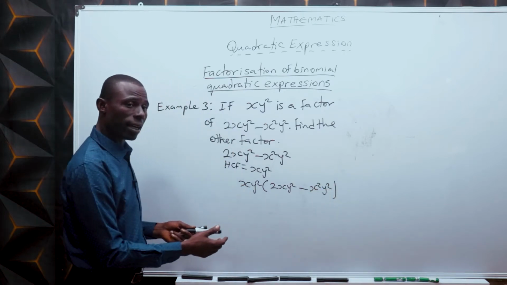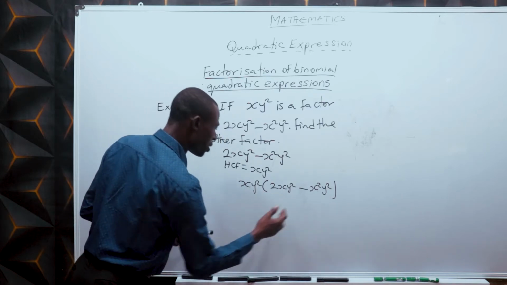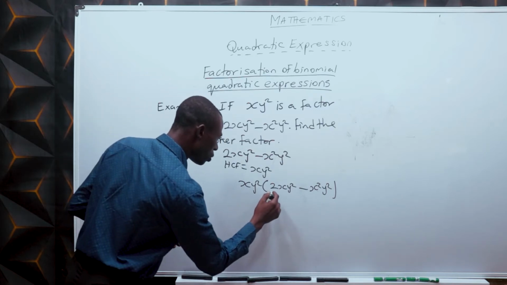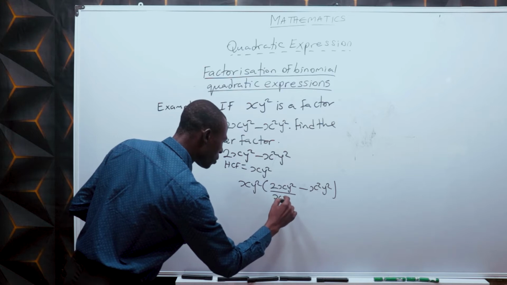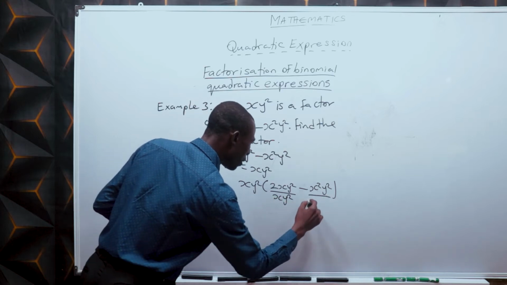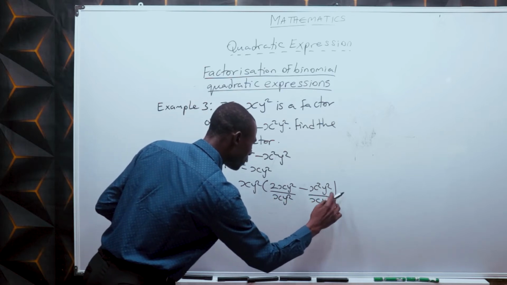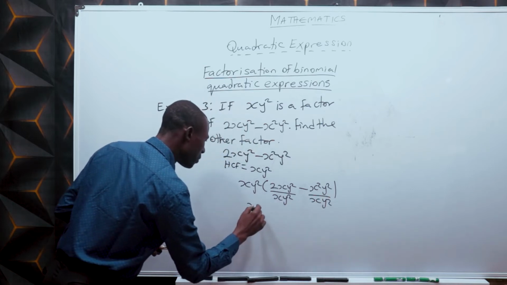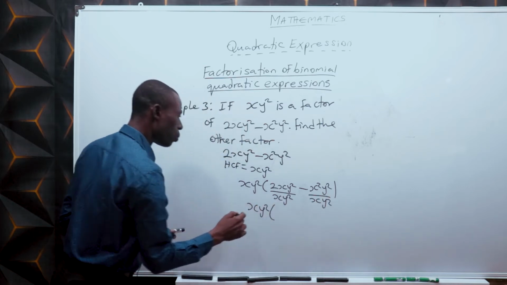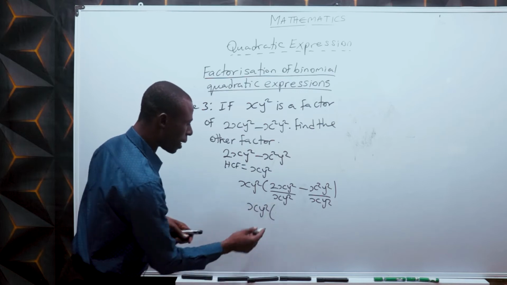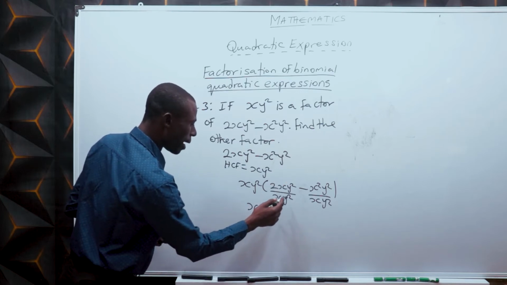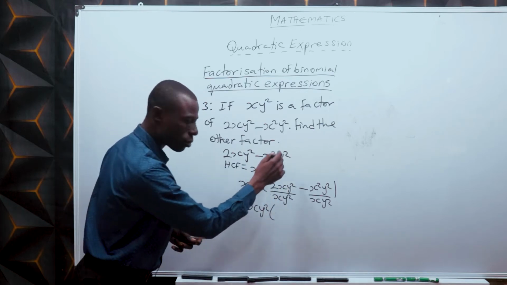Using the HCF to divide each term in the bracket, you write over xy square. And that gives xy square into, look at it very well, x will cancel x, y square will cancel y square.